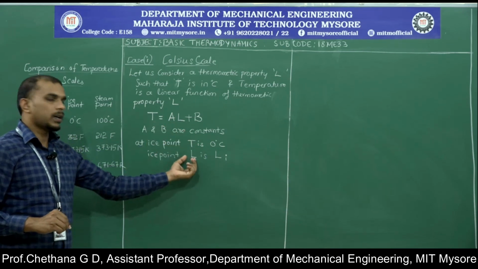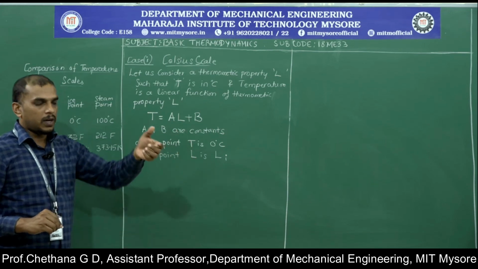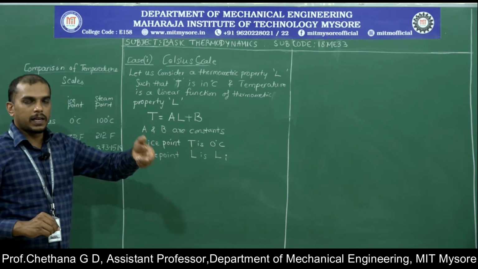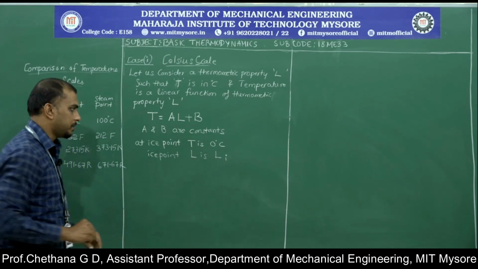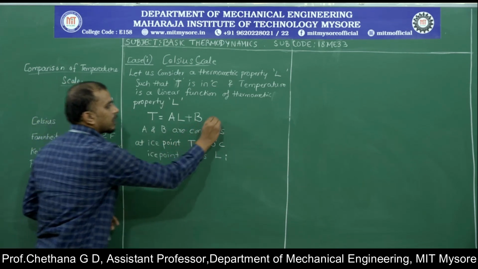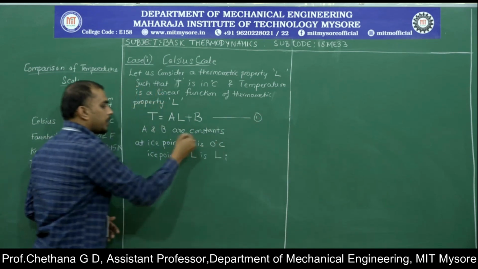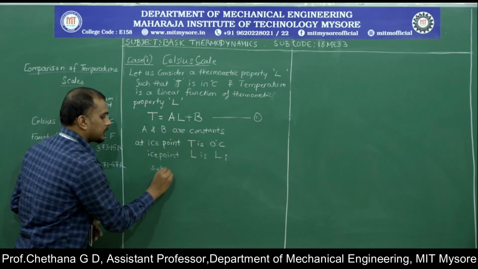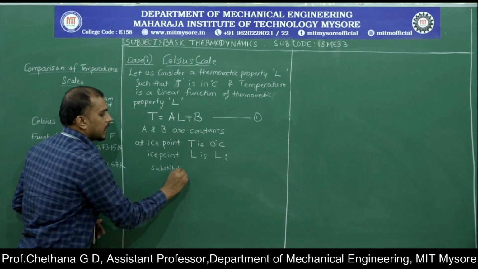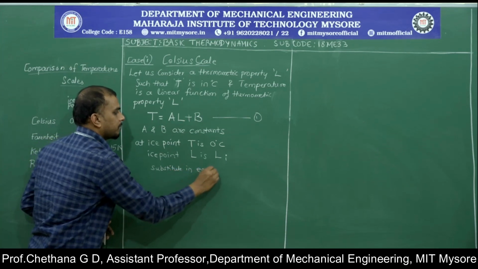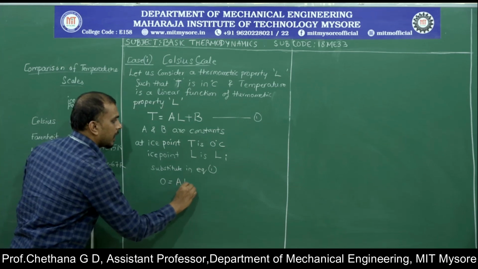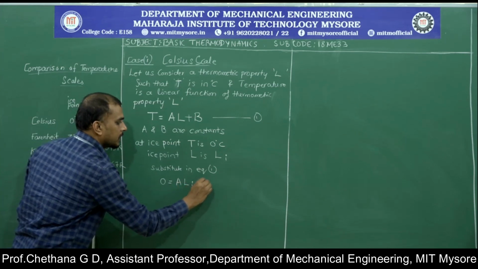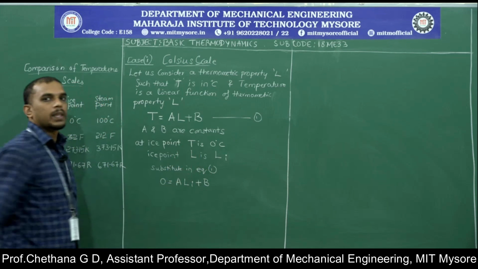If you think about length, whatever length we get, we denote it by Li. Call this equation 1. If you substitute in equation 1, you get 0 = A Li + B.